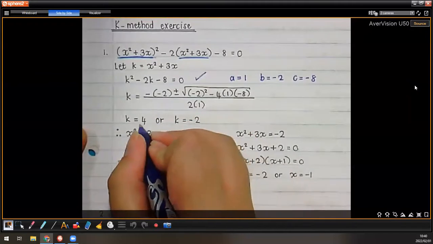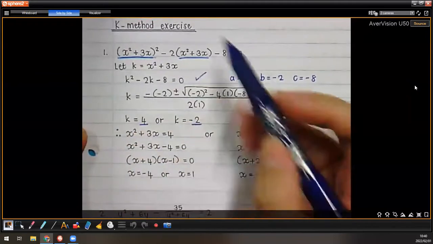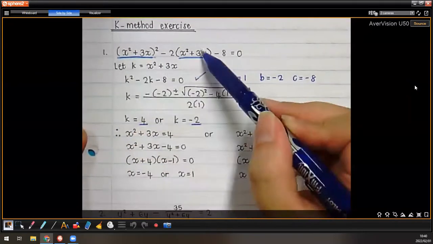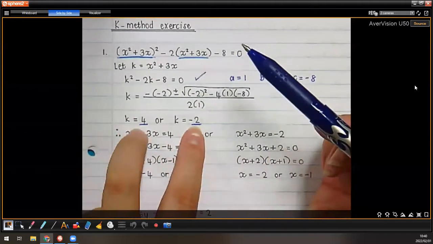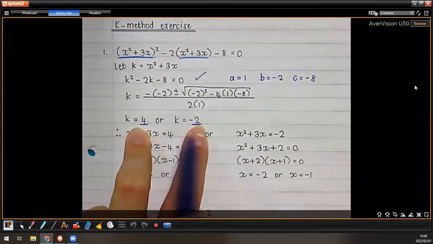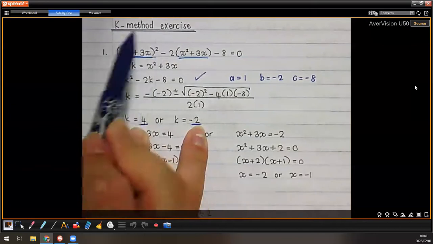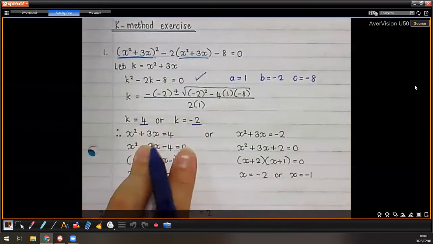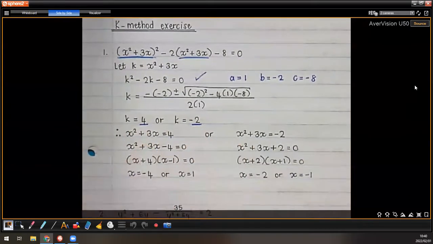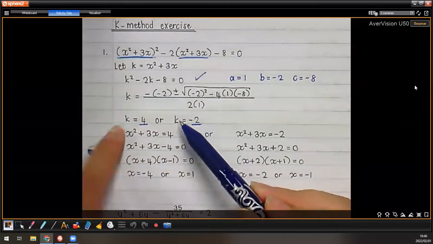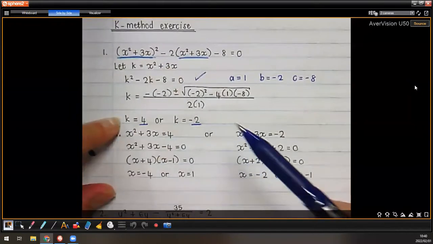Now guys, we need to remember that k is actually the underlined section. So that means that these two values that we're getting for k are actually equal to the underlined bit, which is x squared plus 3x. So once you've found your answer for k, you then replace k again with the x squared plus 3x.